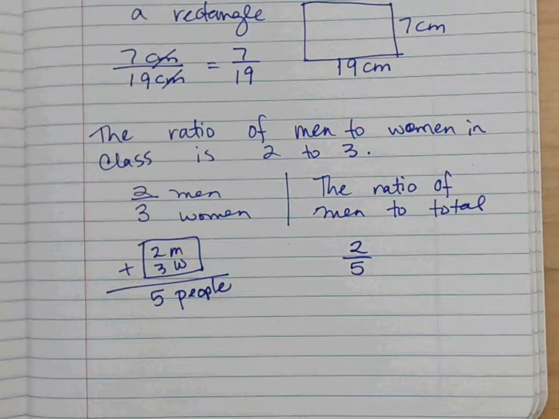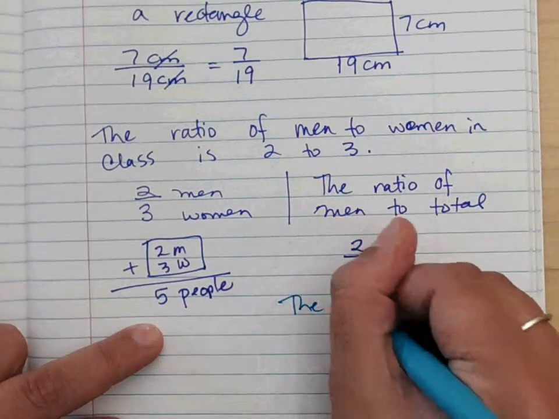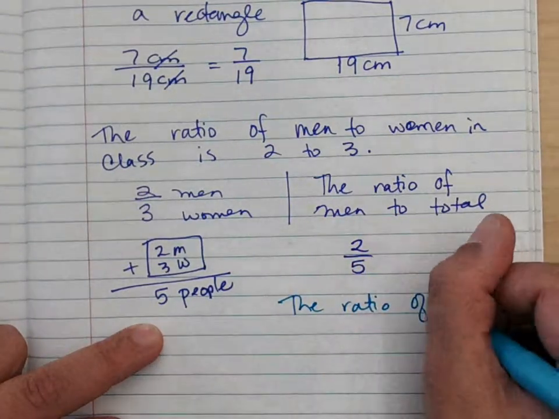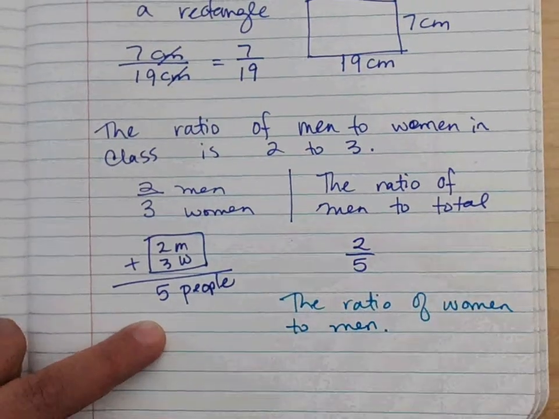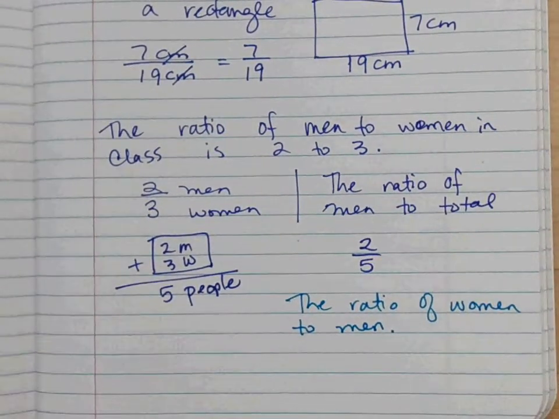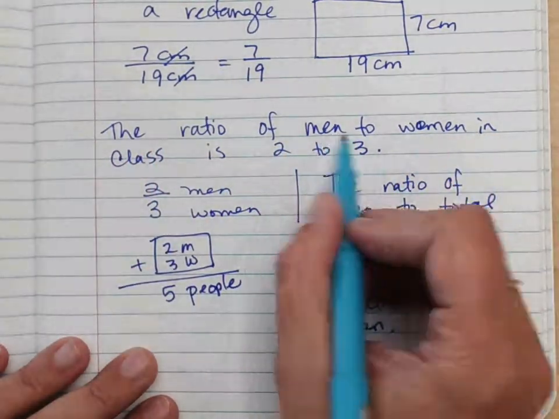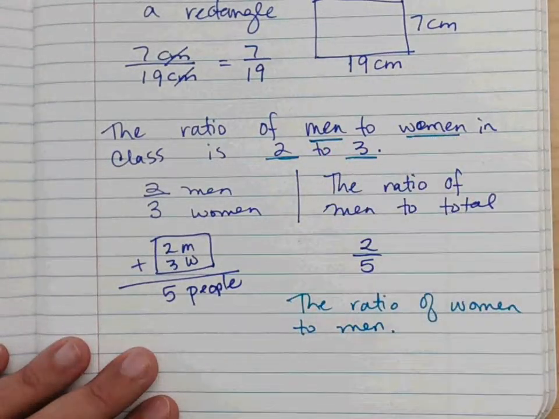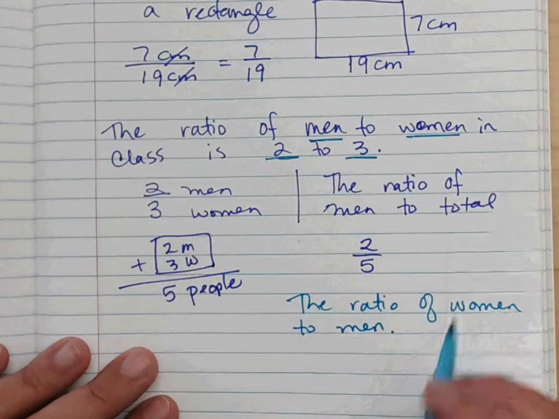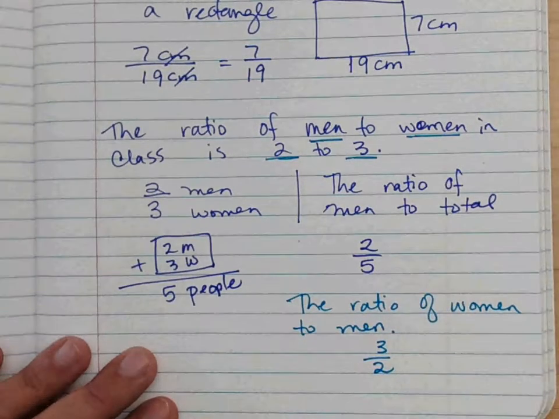If I wanted the ratio of women to men, then I would want to flip that order, because I said the ratio of men to women was 2 to 3, and that order is maintained. So if I switch the order, then I have to switch the numbers, so it's 3 to 2.